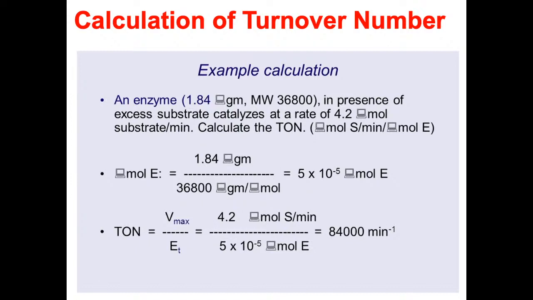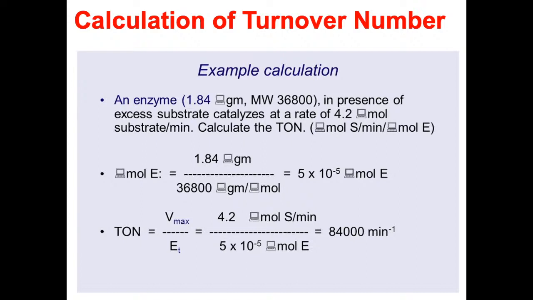So how do we calculate this? An enzyme has a given weight of 1.84 gram, and the molecular weight is 36,800. In the presence of excess substrate it catalyzes at the rate of 4.2 mole substrate per minute. We have to calculate the turnover number. First of all, we need to calculate the enzyme concentration. Mole enzyme is 1.84 gram divided by 36,800 gram per mole, which equals 5 multiplied by 10 raised to power minus 5 mole enzyme.